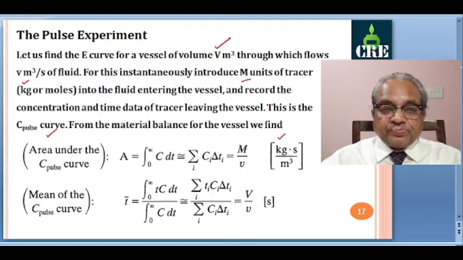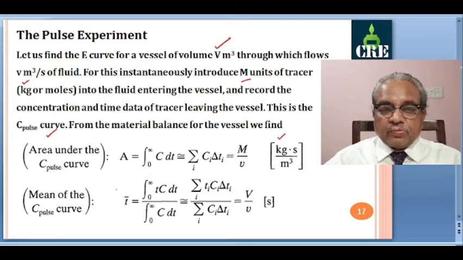So the area under the curve for the C pulse curve is integral 0 to infinity C dt, and that is the same as the summation of Ci delta ti, and this is given by m by v. So if you find out this area after the experimentation, it should match with m by v. Okay, that we'll see when we solve the problems.